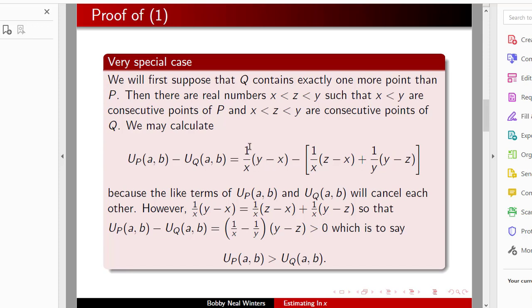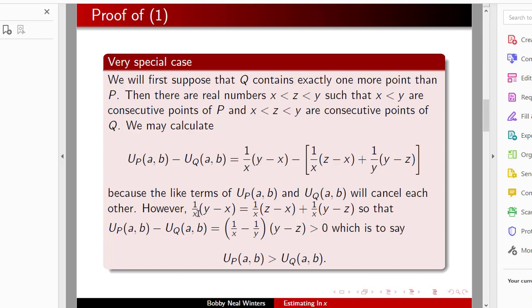I have the area of the big rectangle, 1 over x times y minus x, minus the sum of the areas of the two smaller rectangles contained across that interval: 1 over x times z minus x, plus 1 over y times y minus z. Now let's work out the arithmetic on this.